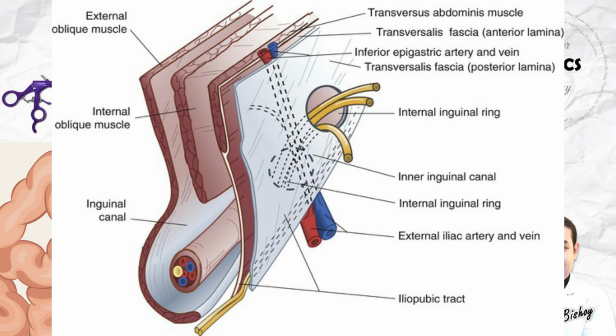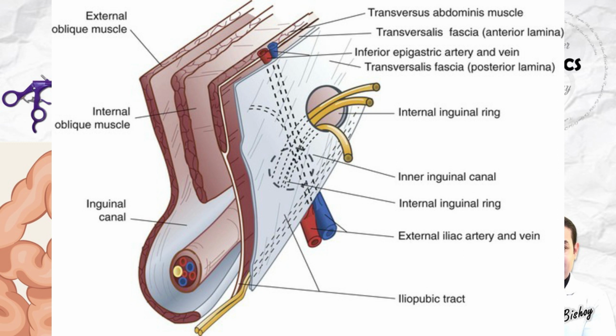In the exam, it will ask you directly about the inguinal canal boundaries and the inguinal canal contents. So let's be familiar with the boundaries of the inguinal canal. The anterior wall is the aponeurosis of the external oblique, reinforced laterally by the internal oblique muscle, but mainly the external oblique. The posterior wall is the fascia transversalis.